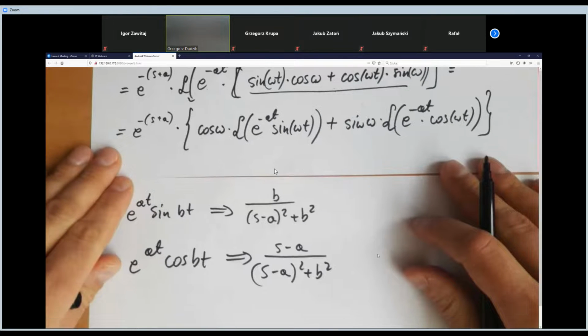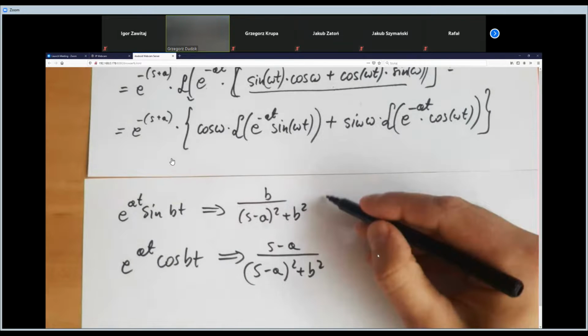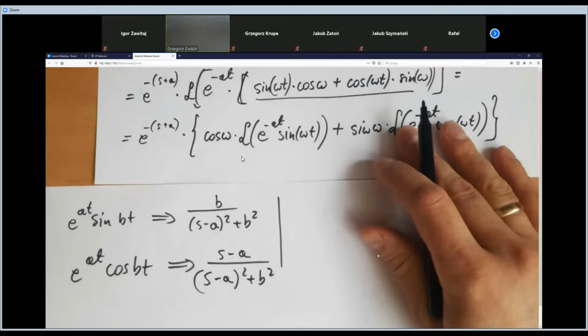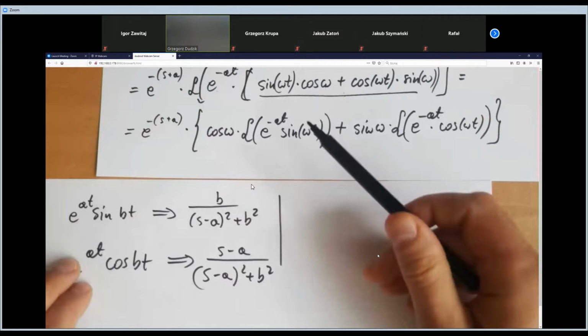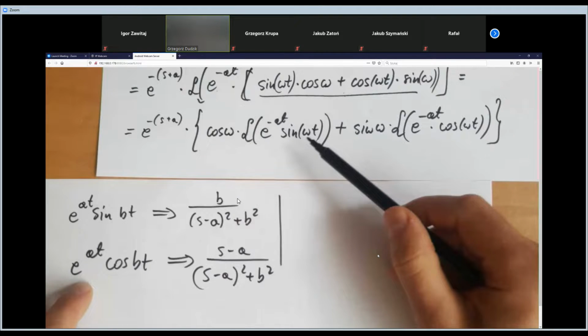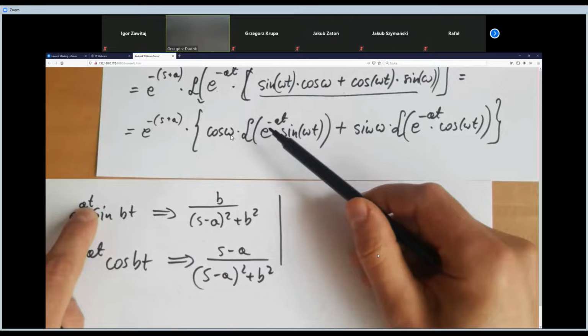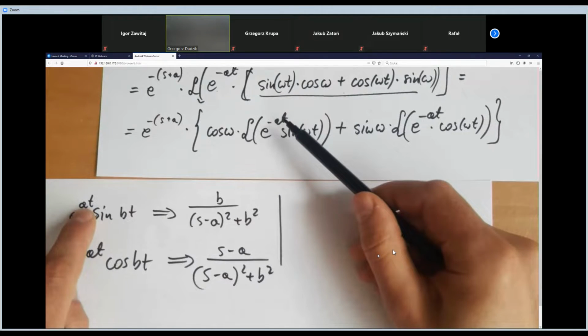I'm just redrawing this expression from the table. Why? Because I wanted to show you that in fact we know the Laplace transform of these expressions. Look, here we've got e to the power of at, and we've got e to the power of minus at. So where's the difference?